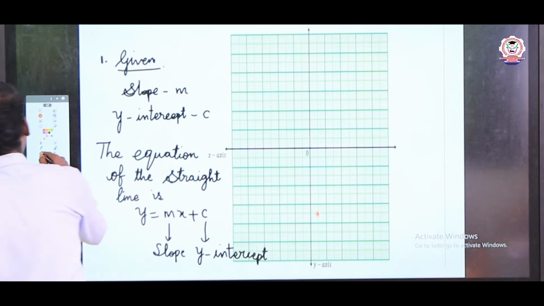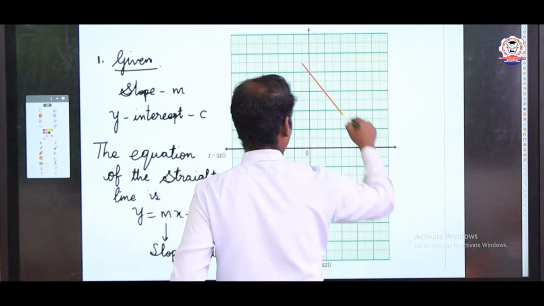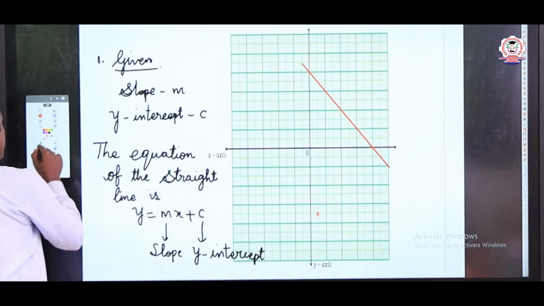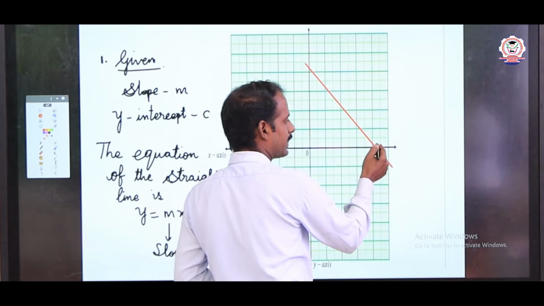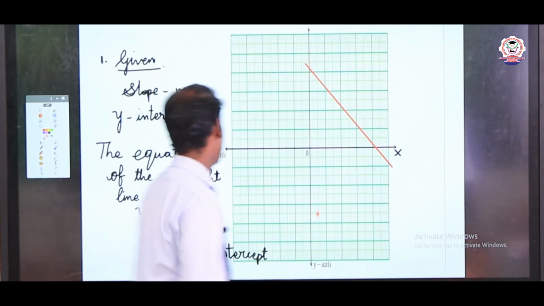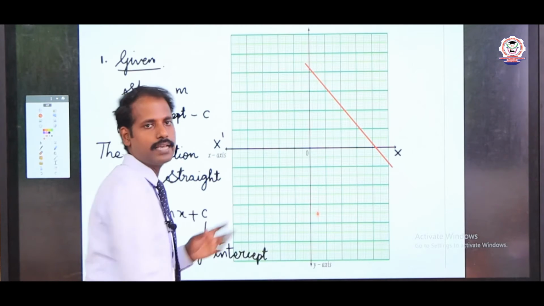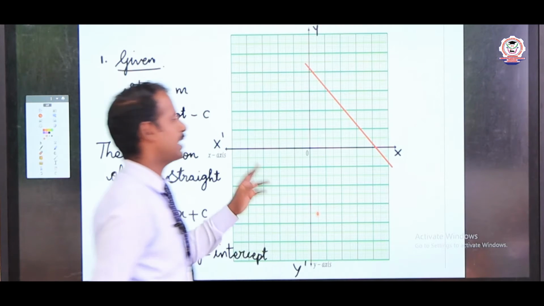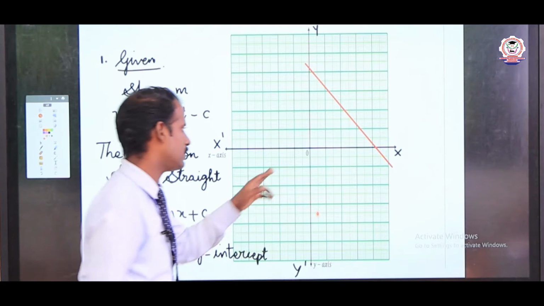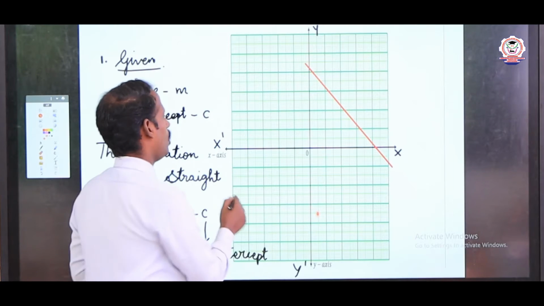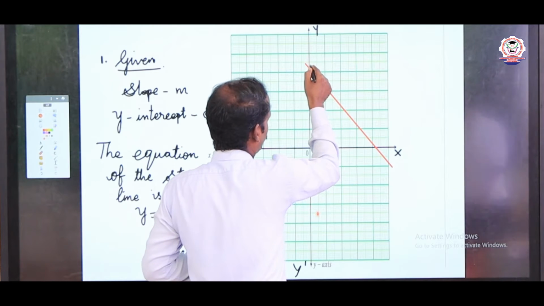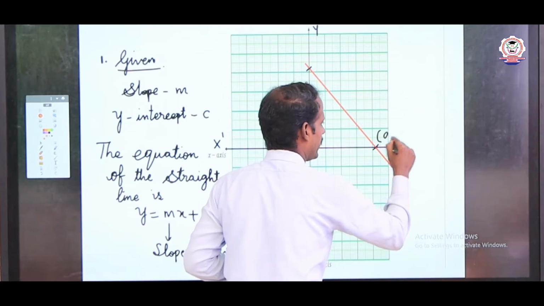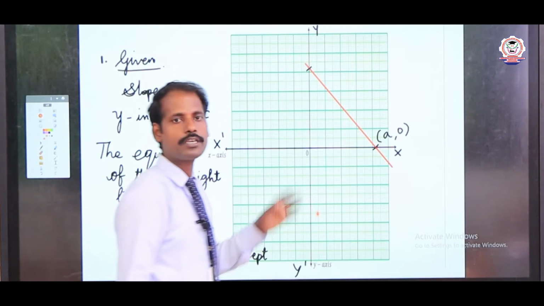For example, we can draw a line. This horizontal line is called the x-axis, x dash x, and the vertical line is called the y-axis, y dash y. The x-axis and y-axis intersecting point is called the origin, that is O. The point where the line intersects the x-axis is called the x-intercept, where the x value is a and the y value is 0, so a comma 0.